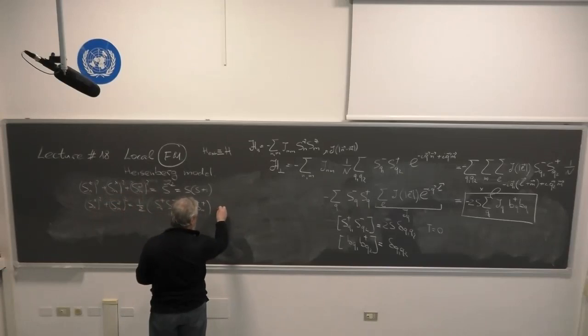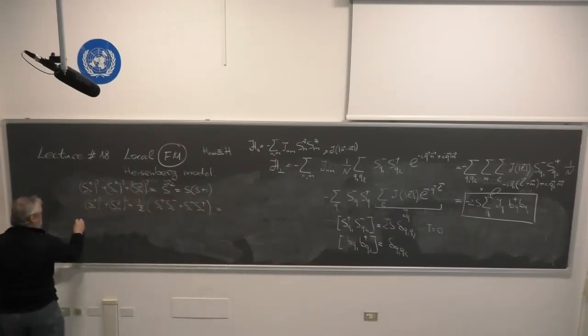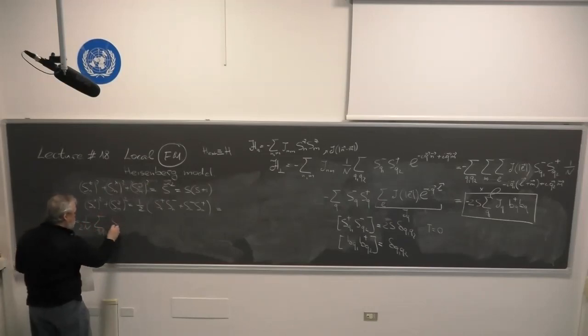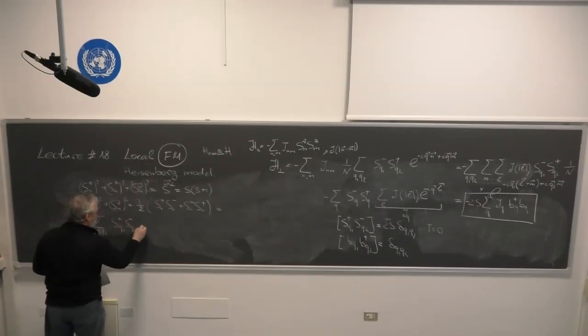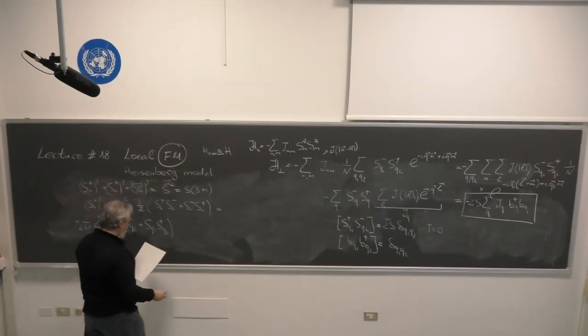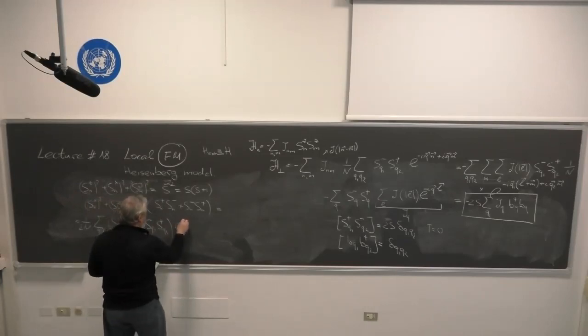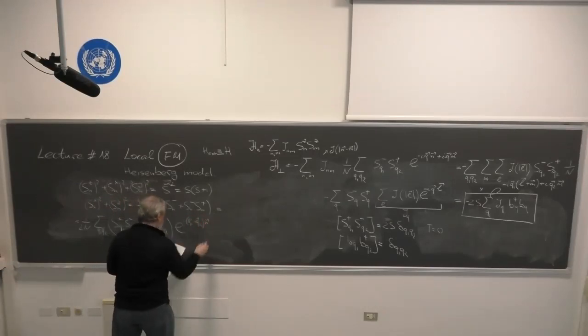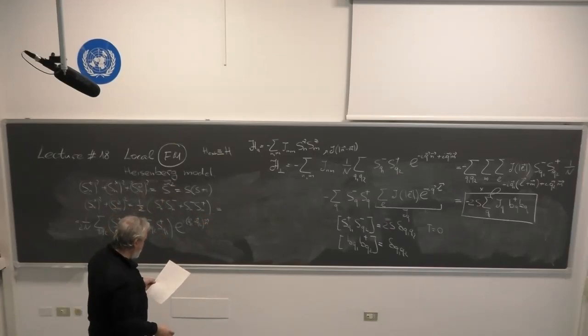So now I take a Fourier transform. So this is 1 over N, there is a factor of 2, sum over q1, q2, S_{q1}^+ S_{q2}^- plus S_{q2}^- S_{q1}^+, and I have exponent i(q1 minus q2)n.